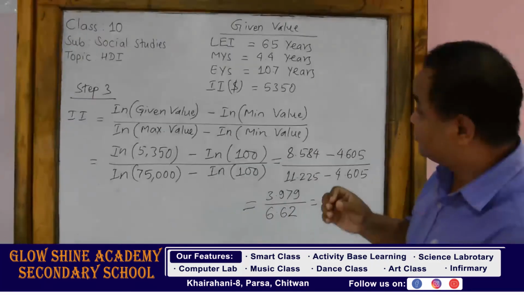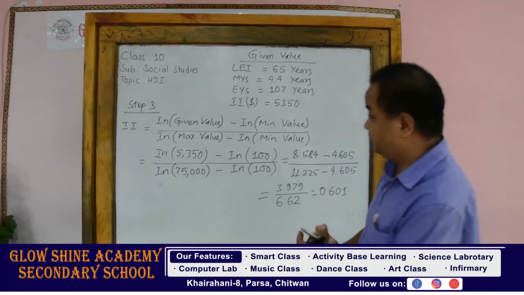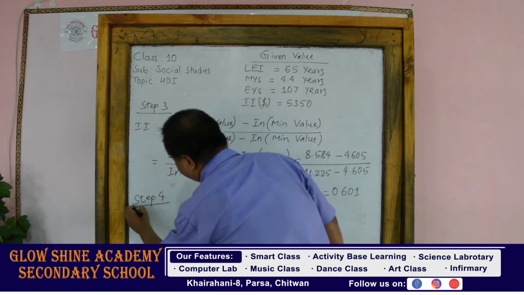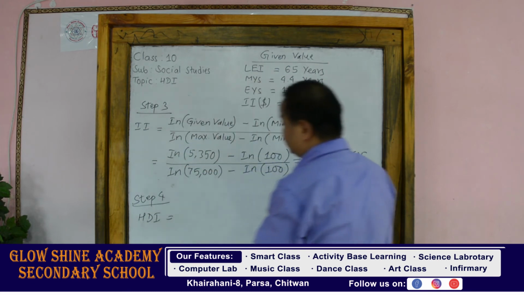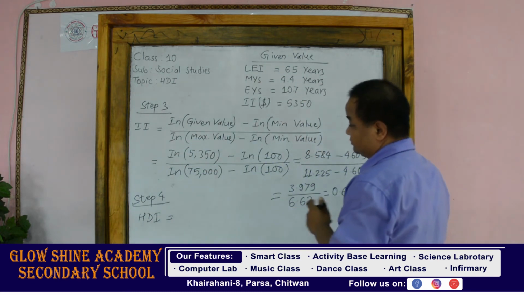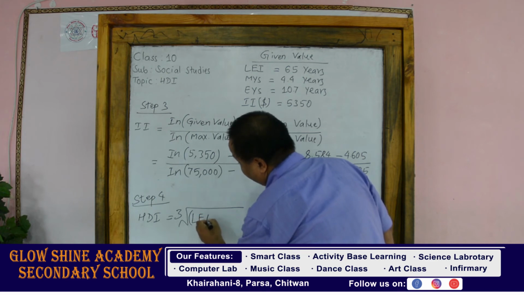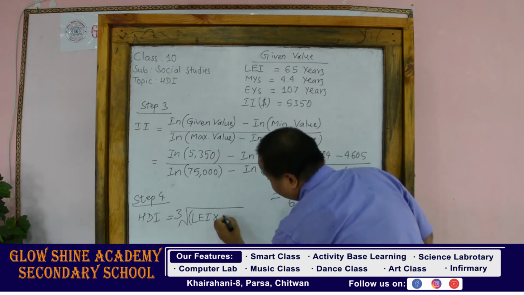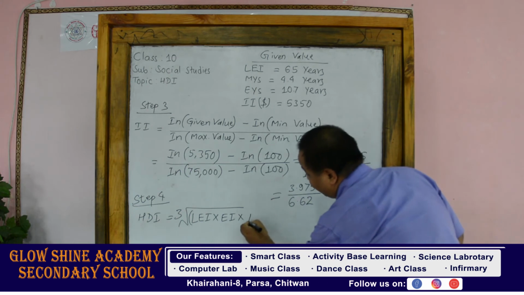Now we are going to calculate the SDI of the given country. This is the last step, step 4. SDI is equal to cube root of LEI into EI into II.